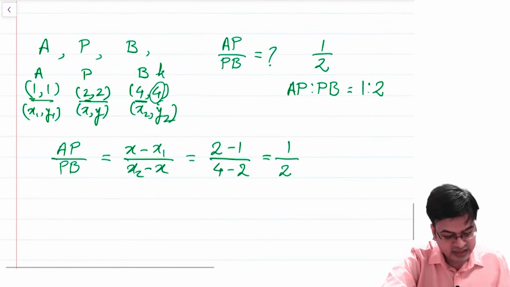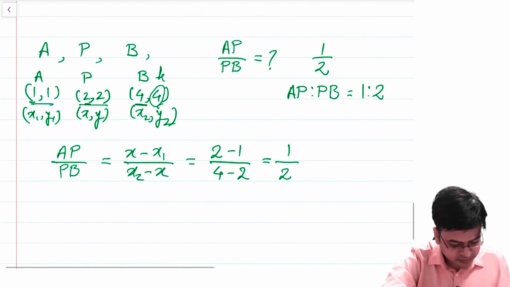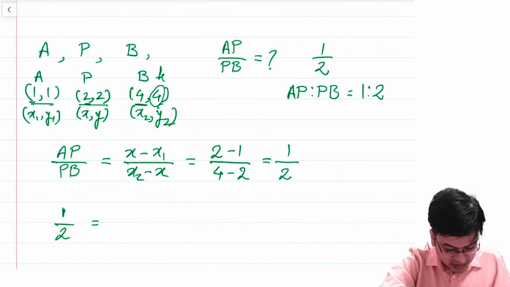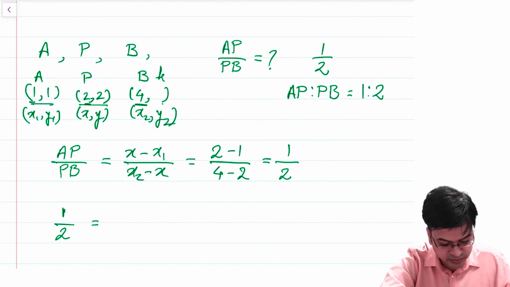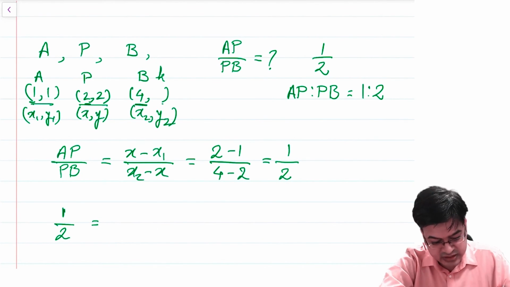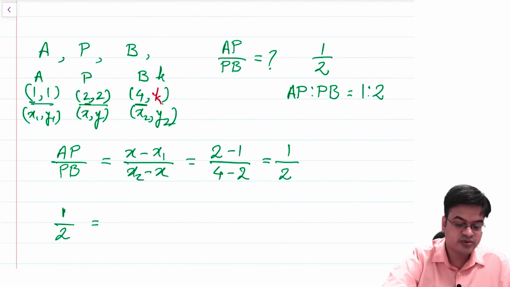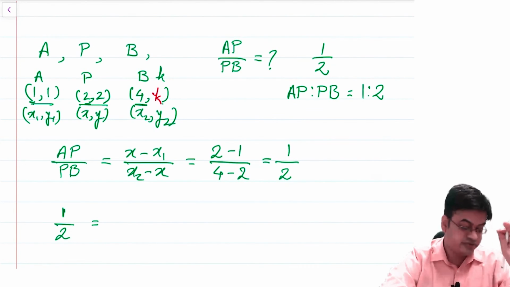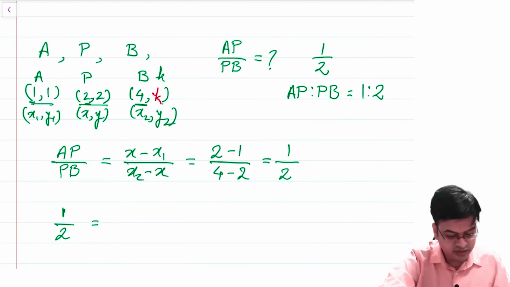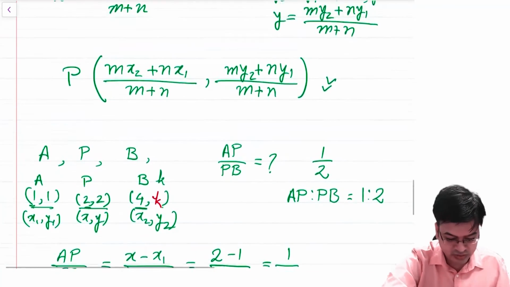So in that case, I know that AP is to PB is in the ratio 1:2, and I have some unknown value. Let us say this was not given to you, and you have been told that this is equal to some K. Your goal is to determine K. Anyway, I have not used the y values, right?